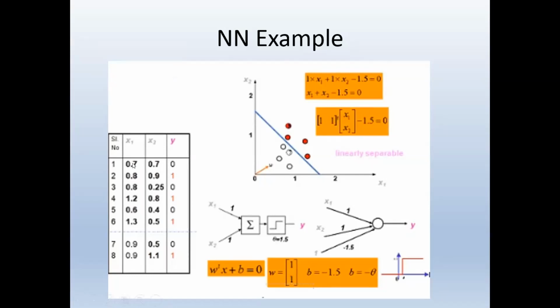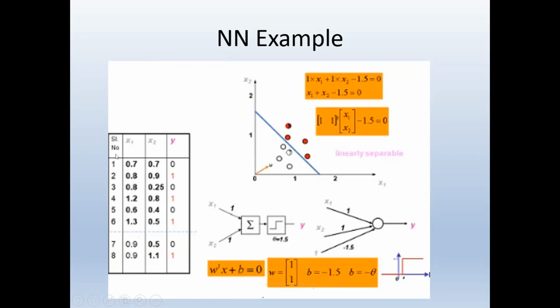So this is a generalized data for diabetes patients. x1 indicates the person's height, x2 indicates the person's weight. You may be confused about why the values are 0.7, 0.8, and so on. I think they are normalized into the range of 0 to 1.5.